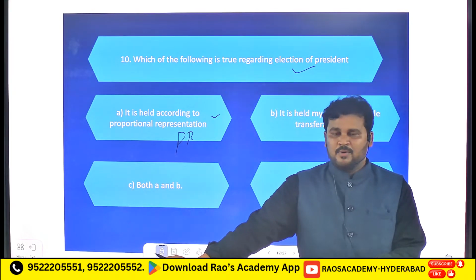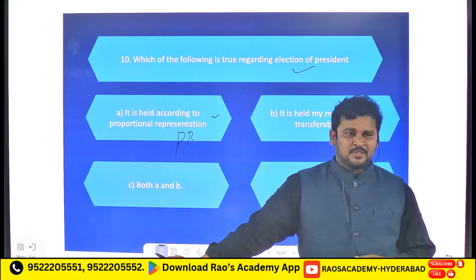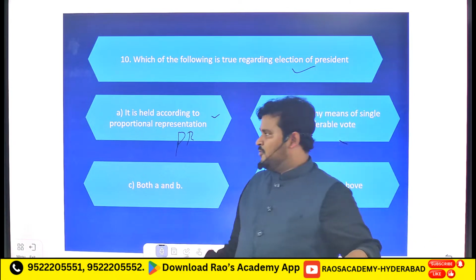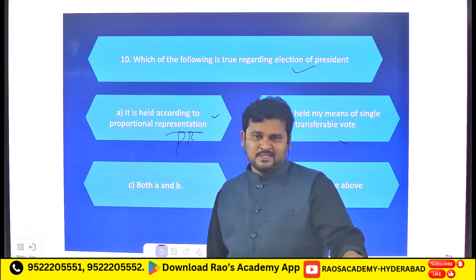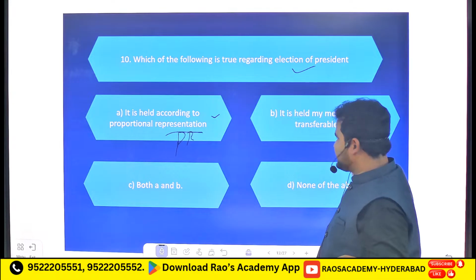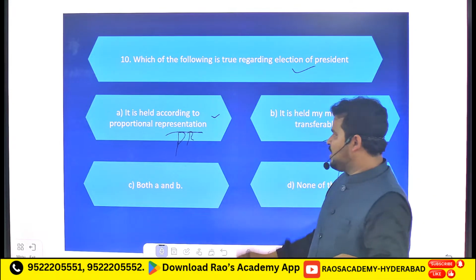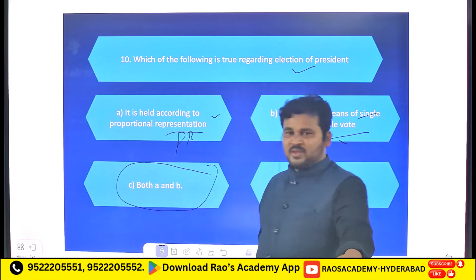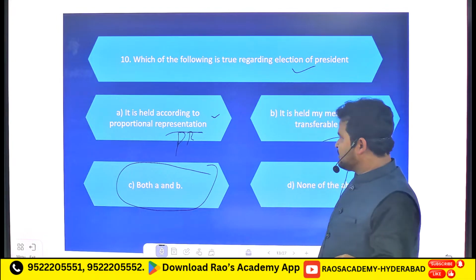Clear? But to elect the president, vice president, or MLCs, we follow the proportional representation method, and in that we follow the single transferable vote. So we can say that C is the answer for this question.